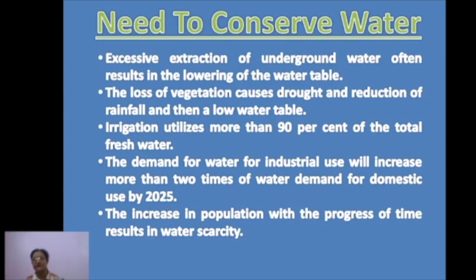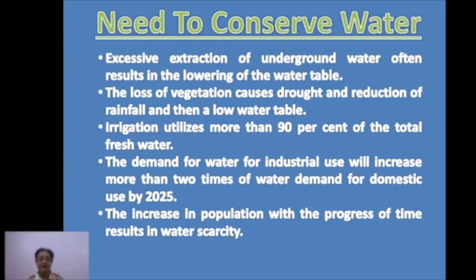Excessive extraction of underground water often results in the lowering of the water table. This is one point. Number two, loss of vegetation causes drought and reduction of rainfall and naturally a low water table. That is again something which is indirectly affecting it. Next, irrigation utilizes more than 90% of the total fresh water. So we need to conserve water anyhow to fulfill the requirement of the growing population.